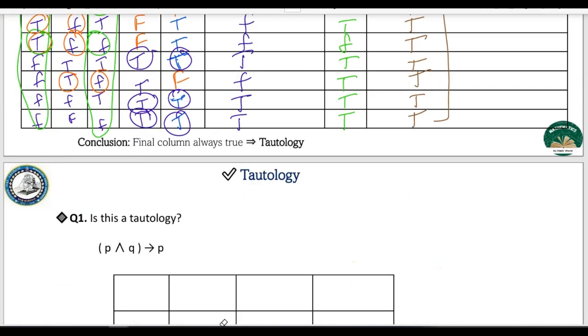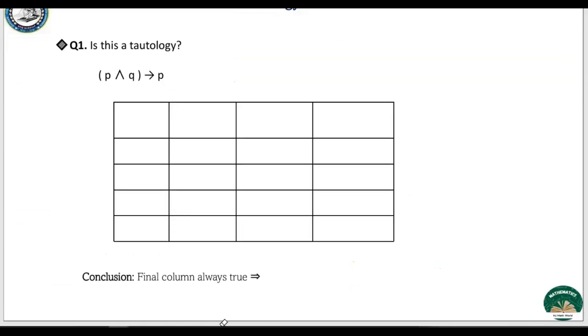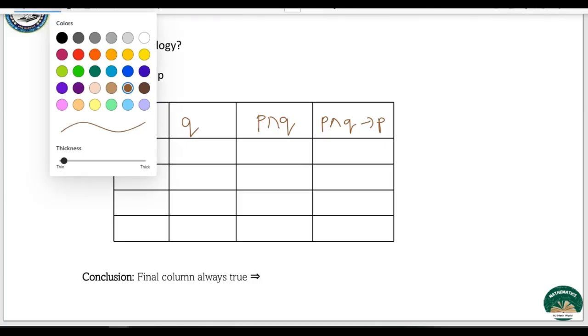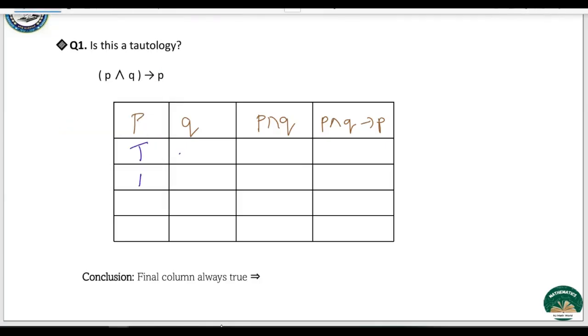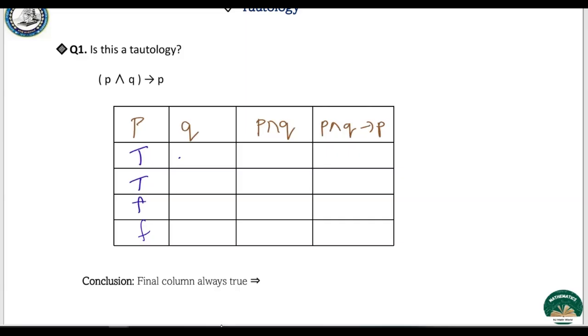Now, moving on to the next question: is this a tautology? We'll check P, Q, then P and Q, then P and Q implies P. Now we'll find the values for this. We have T T F F and T F T F. Now P and Q: T and T is T, otherwise it is false.